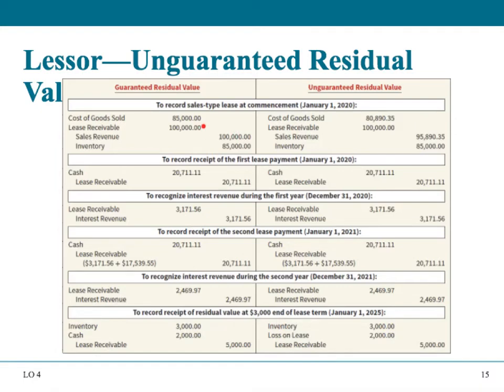The rest of the journal entries will be as we typically did it before. No problem there. You will run an amortization schedule and then recognize the lease receivable and go all the way down until finally you get the inventory back, right?